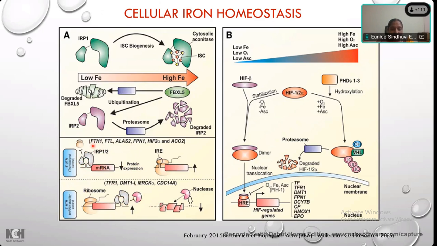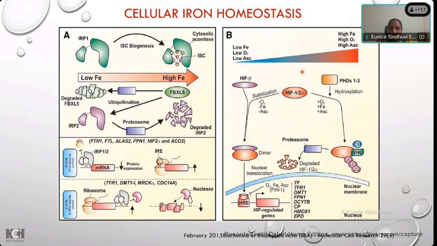So the mRNAs which are involved in iron storage, heme synthesis and iron export have IREs at the 5' end, so that when iron is low, iron storage and other things are down-regulated. Whereas the iron intake proteins like transferrin receptor 1, DMT1 and other proteins are upregulated by increased protein synthesis.